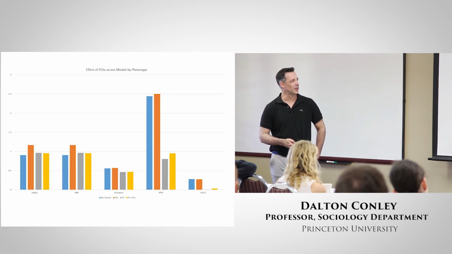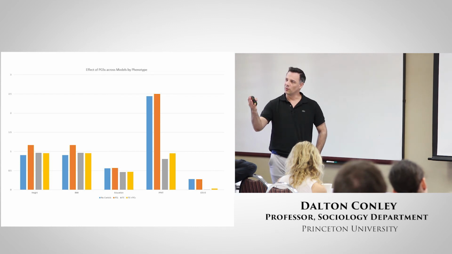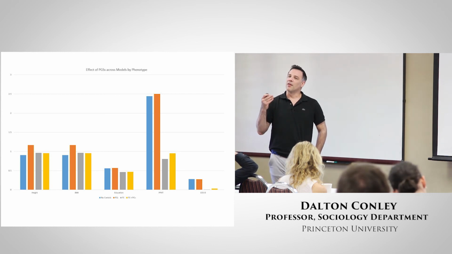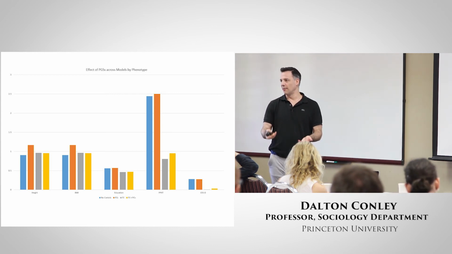I don't have time for this, but we looked at the effect of PGSs within the family versus across families, because we talked a lot about this morning. I'll take 1 minute to just say this, because I think the assumption of random distribution within a family, or within offspring, of the polygenic score or a particular allele is a pretty safe assumption.